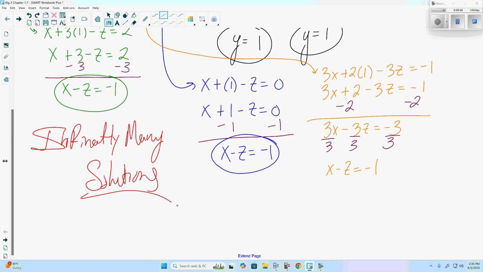So depending on which variable you eliminate first will change how it looks. Because since we eliminated x and z, and since they depend on each other for a value, they're going to eliminate each other out. If we eliminated y first, x and z would have also eliminated each other, and we would have gotten a true statement.